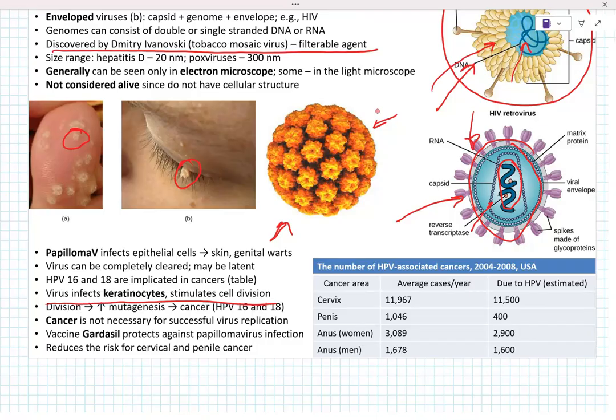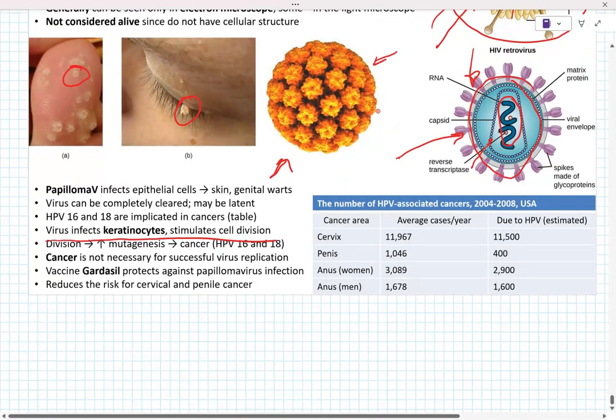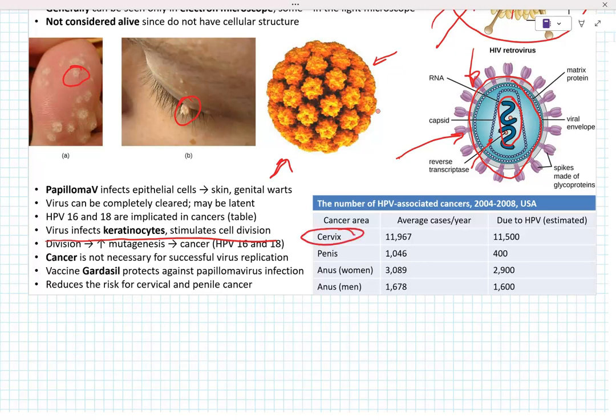The most known, cancer is not essential. You have to understand that. Virus doesn't need cancer for anything. By the time somebody develops cancer, it's spread to somebody else. It's done. It's collateral damage. Cervical cancer. Practically all cervical cancer is caused by HPV infection.